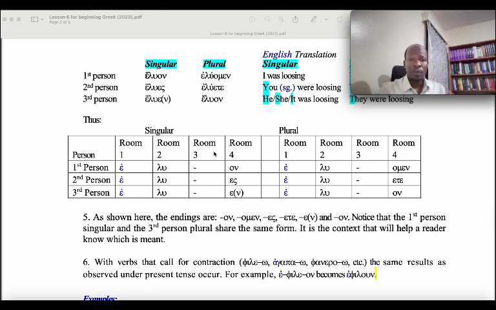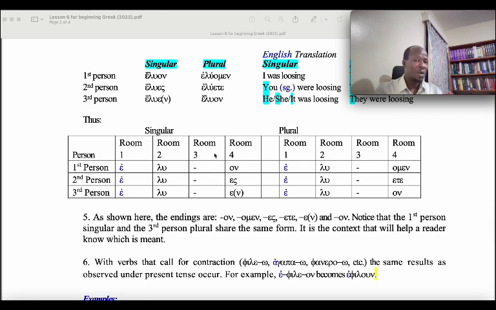So, but here, let me ask you, how about the aorist? We have seen first aorist in our previous lesson. What would be the sign of tense that would occupy room 3 if this was the first aorist? Good job. Someone said it is sigma. Very good.